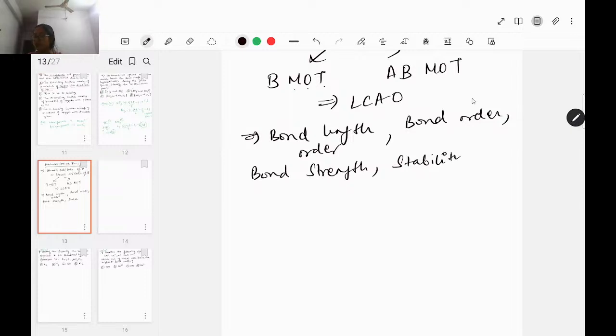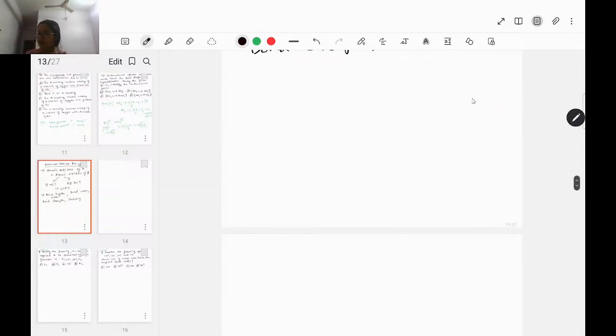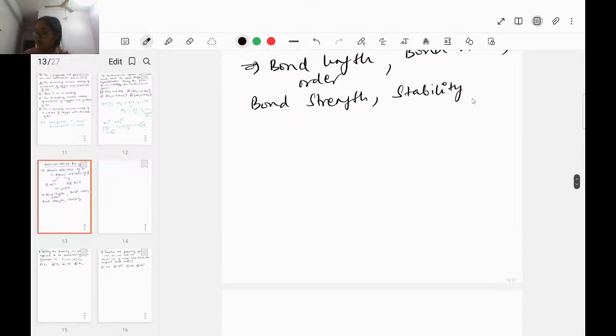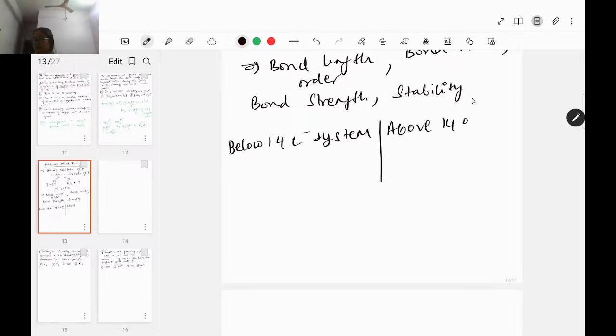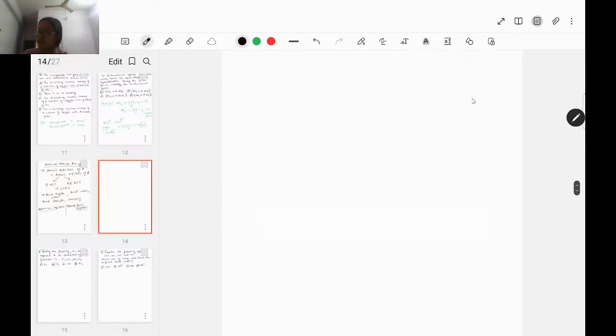There are two things which you need to keep in mind in molecular orbital theory: there are two types of systems. There is the below or equal to 14 electron system, and the other is the above 14 electron system. There are two types of molecular orbital arrangements in both the cases. So let us discuss that. For the equal to or below 14 electron system, the molecular orbitals look like this.